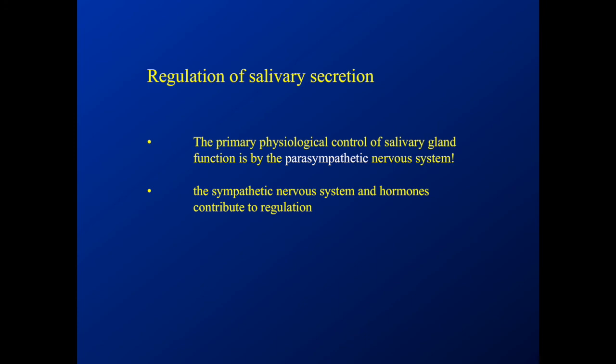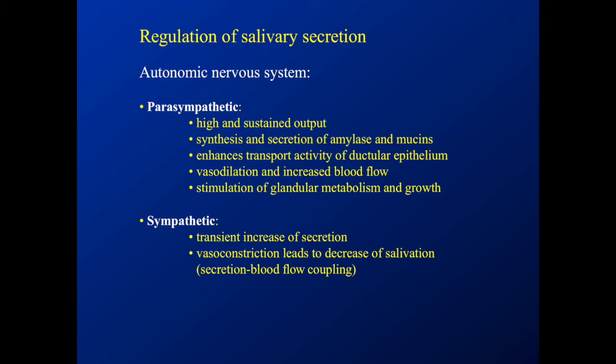The sympathetic system and hormones contribute to the regulation. Sympathetic nervous system activation tends to reduce blood flow to these areas, and as we talked about, this coupling then will reduce the amount of saliva that's produced. But there is a transient increase in salivary secretion due to sympathetic stimulation.